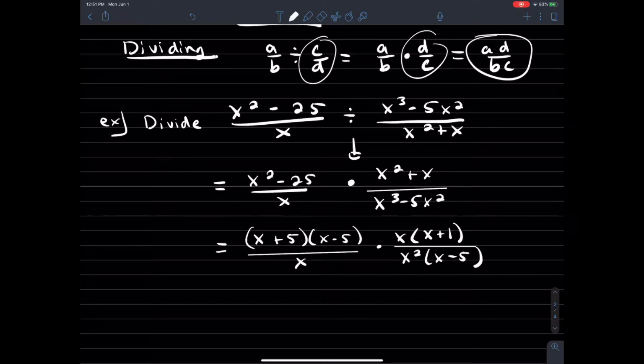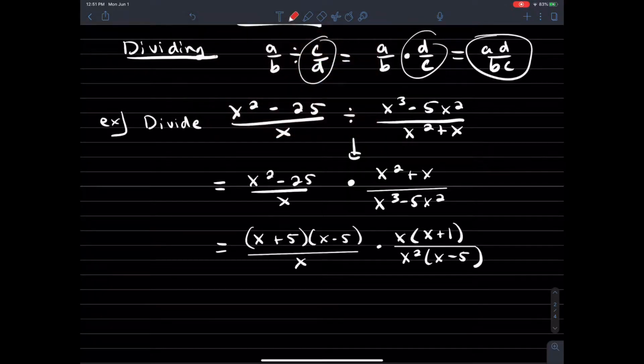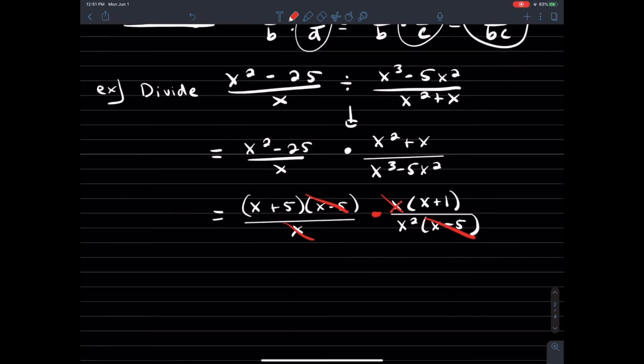So now we can simplify, and I just want to remind you, we can simplify each fraction. Like I can cancel this x with one of those, or if I like, I can cancel across the times, this one with that one, just like this x minus 5 can cancel down across the times.